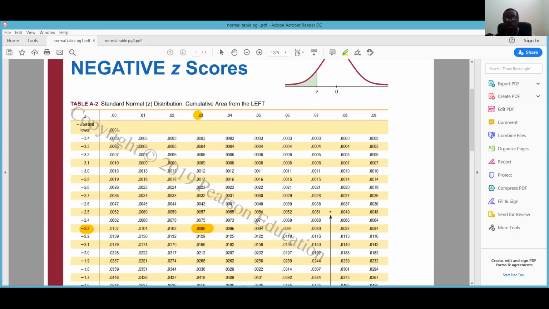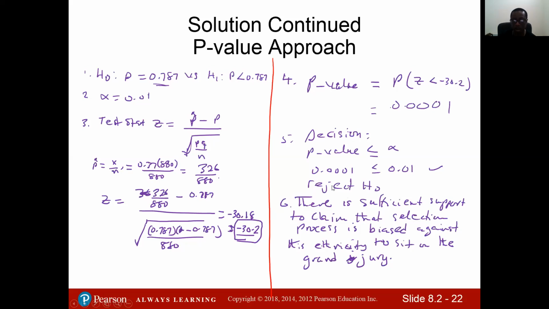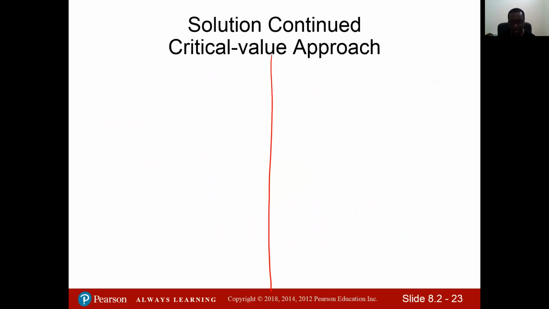Now let's go back to show you the steps for the critical value approach after calculating the critical value, so I don't have to come back to do this. Step one is the same. Your H0 is p equals 0.787. Your H1 is p is less than 0.787.